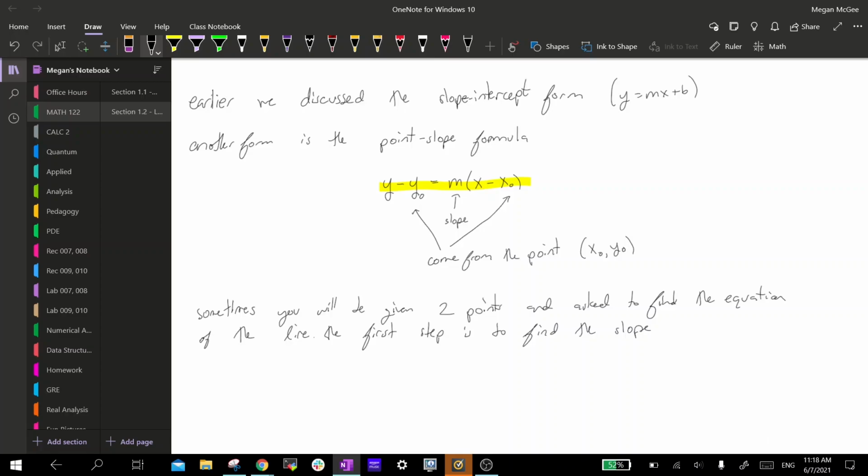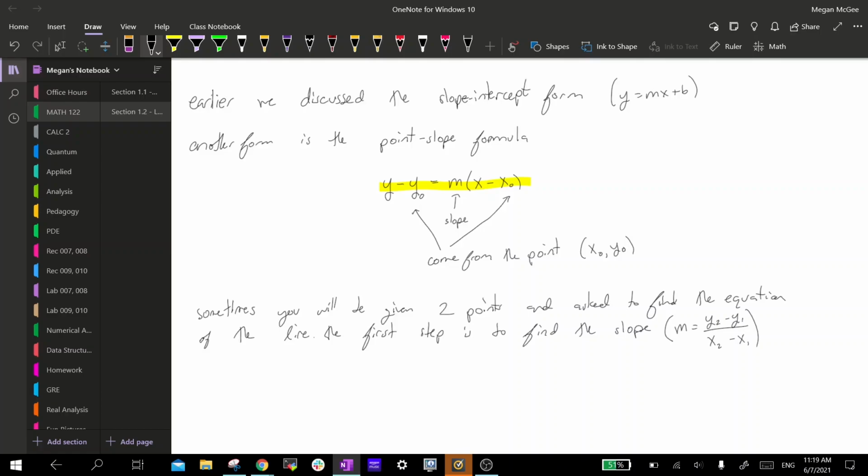Alright, which we remember our slope is a bigger y value minus a smaller y value over a bigger x value minus a smaller x value. Okay, and remember, we can have a negative slope, that's okay. We can have a fraction as a slope, we don't always need decimals, it's fine.